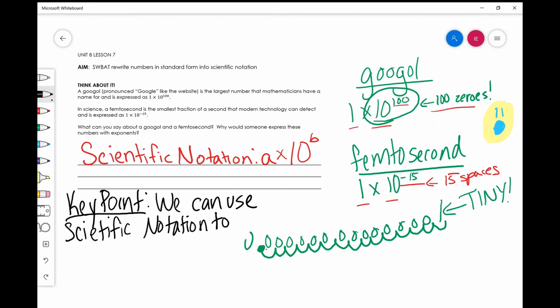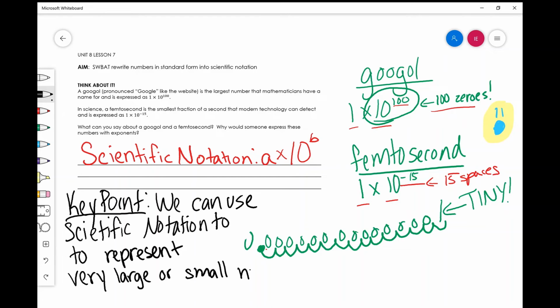We can use scientific notation to represent very large or small numbers. Today we're going to look at how to convert into scientific notation, meaning how I take these very large or very small numbers and make them something a lot shorter that's easier to work with. Go ahead and get your key point down on your paper and then turn to your interaction with new material.